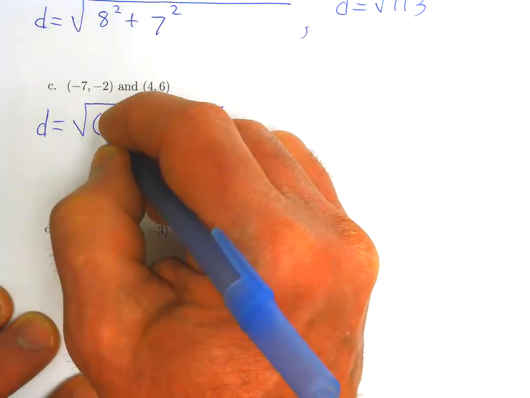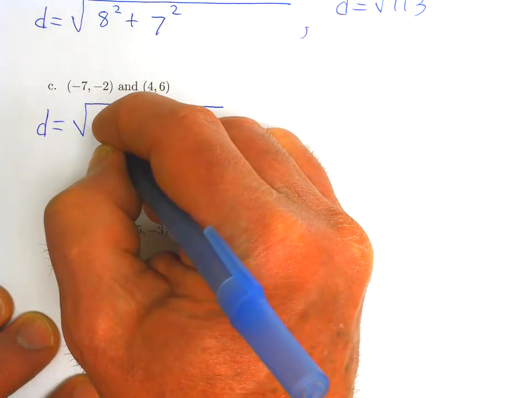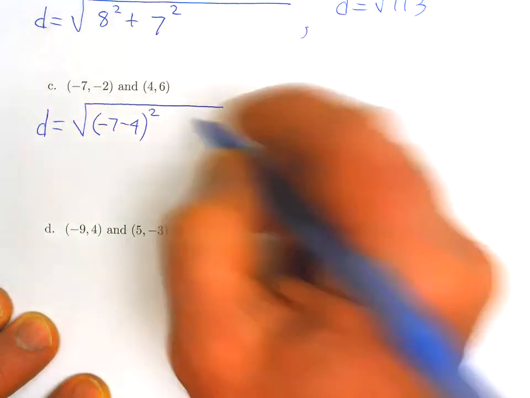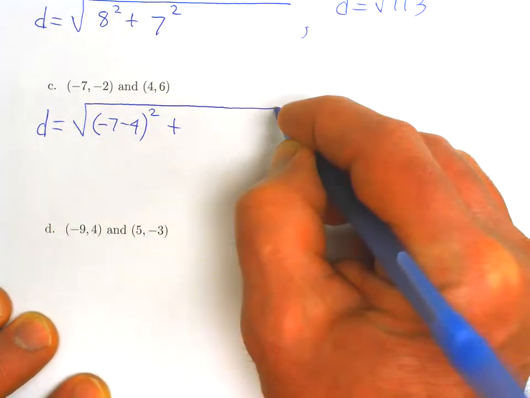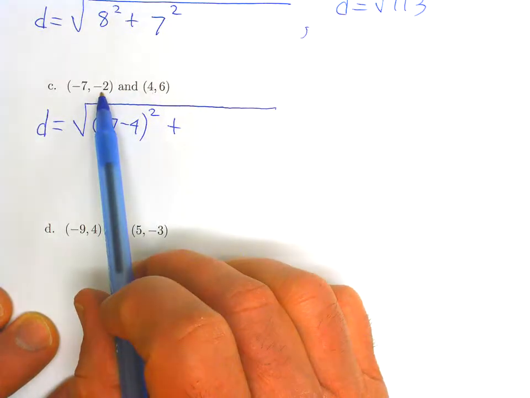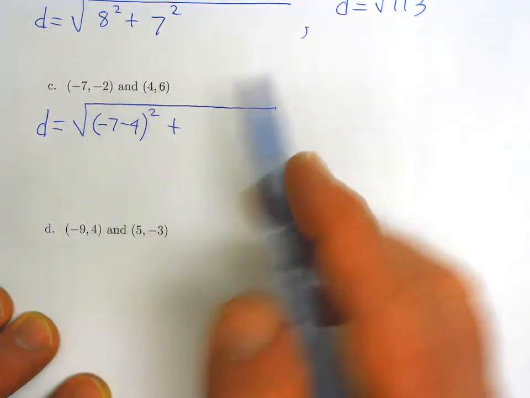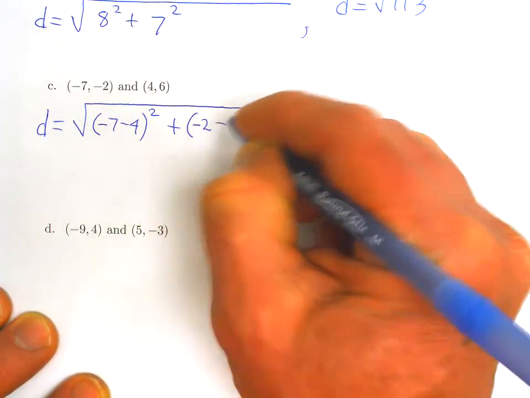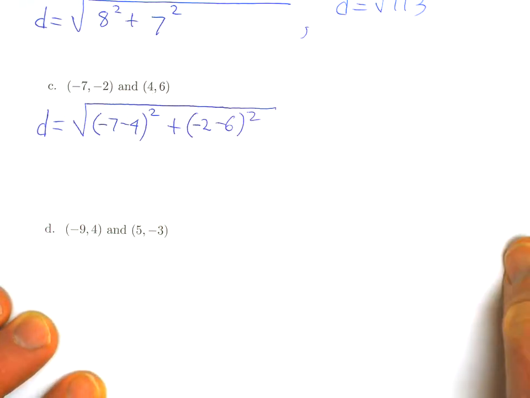So we're going to square the quantity negative 7 minus 4. And then we add that to, okay, so the y coordinates are negative 2 and 6. So negative 2 minus 6 squared.